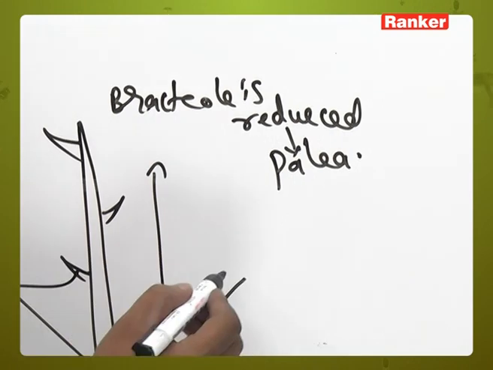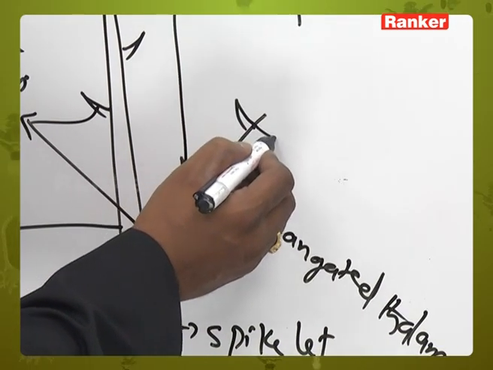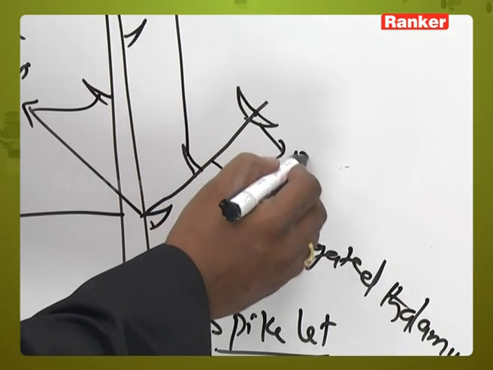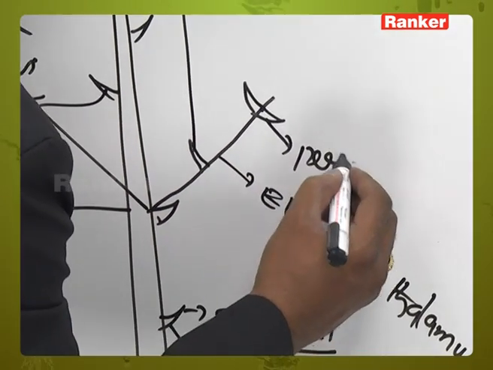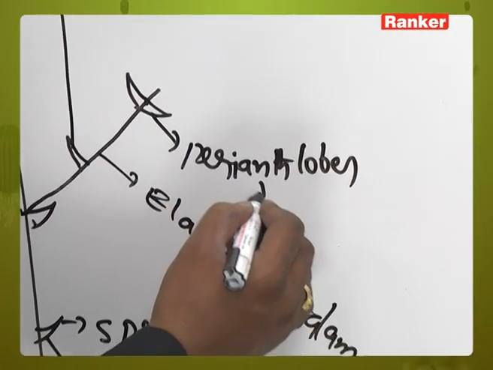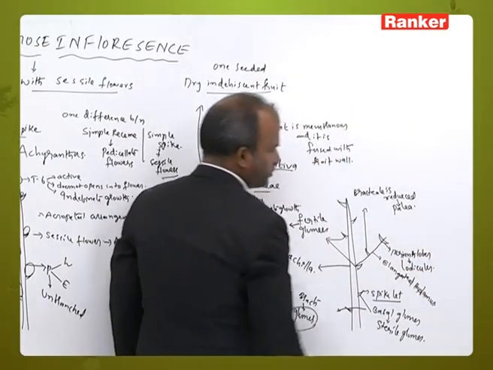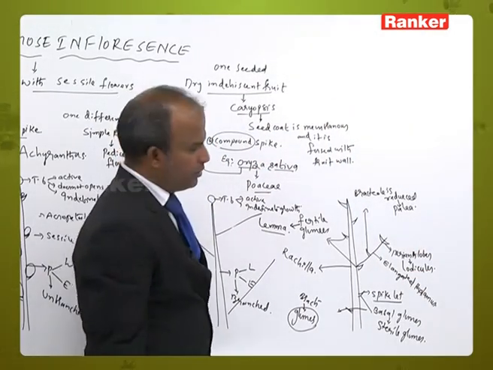And on this, the perianth lobes are reduced into lodicules.